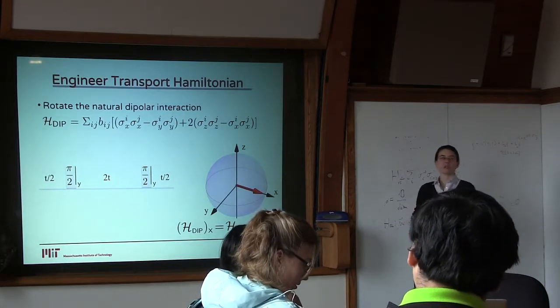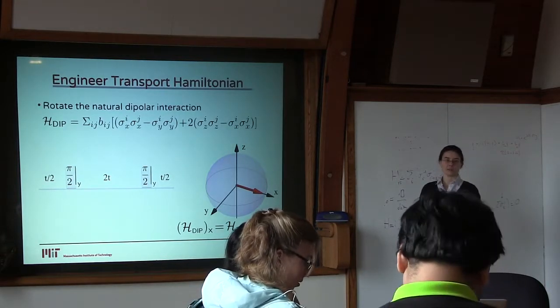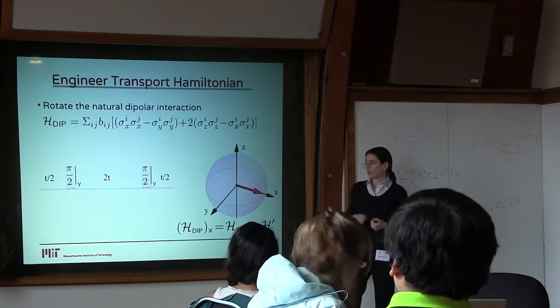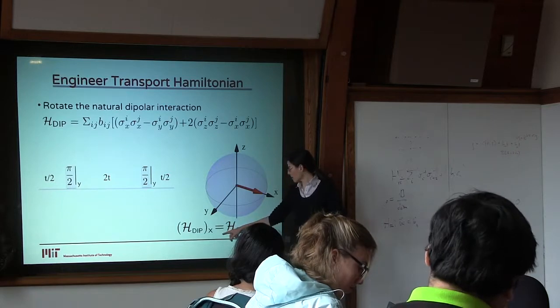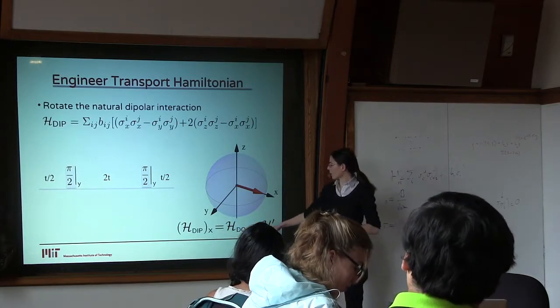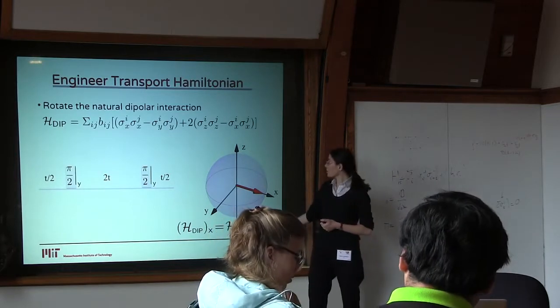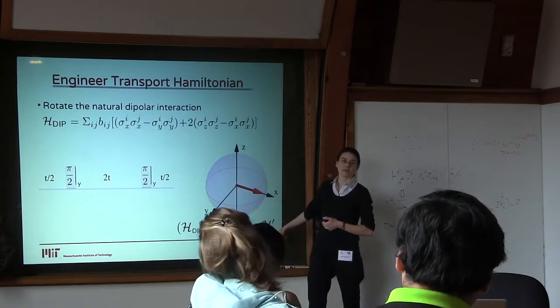I effectively rotate what my interaction does. So now I represent it as this arrow along the x direction. The dipolar Hamiltonian along the x direction turns out to be given by the double quantum Hamiltonian plus minus this term which I would like to erase.